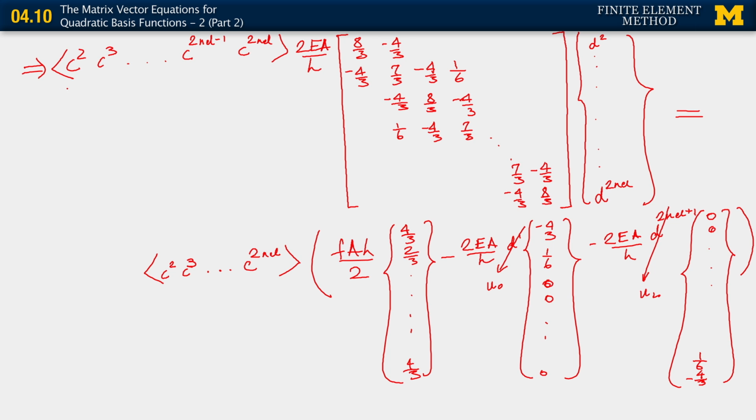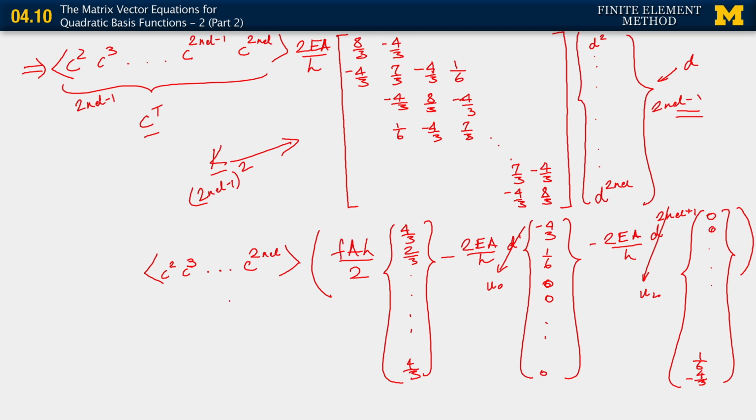Okay, we have here C transpose, that matrix is K, this vector is D. C transpose has dimensions 2NEL minus 1. D also has dimensions 2NEL minus 1. K therefore is 2NEL minus 1 square.